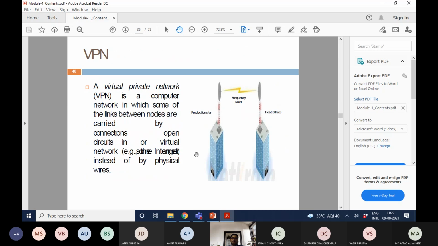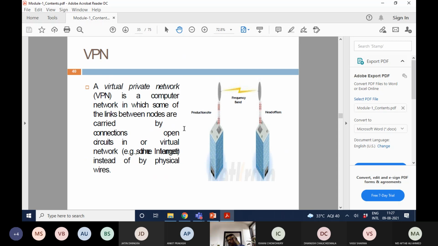Only one more concept I want to tell you, that is the virtual private network, in addition to the LAN, MAN, and personal area network PAN. You can also use a virtual private network, VPN. It is a computer network in which some of the links between the nodes are carried by open circuits in some virtual network.